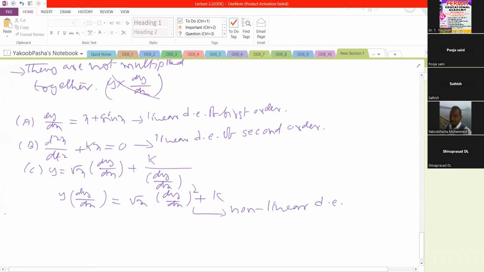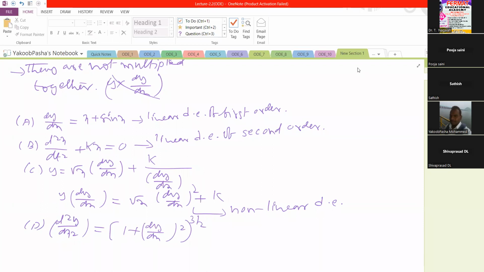I am taking another example, D. d square y by dx square is equal to 1 plus dy by dx whole square, whole to the power of 3 by 2. Is it linear or not? Non-linear.